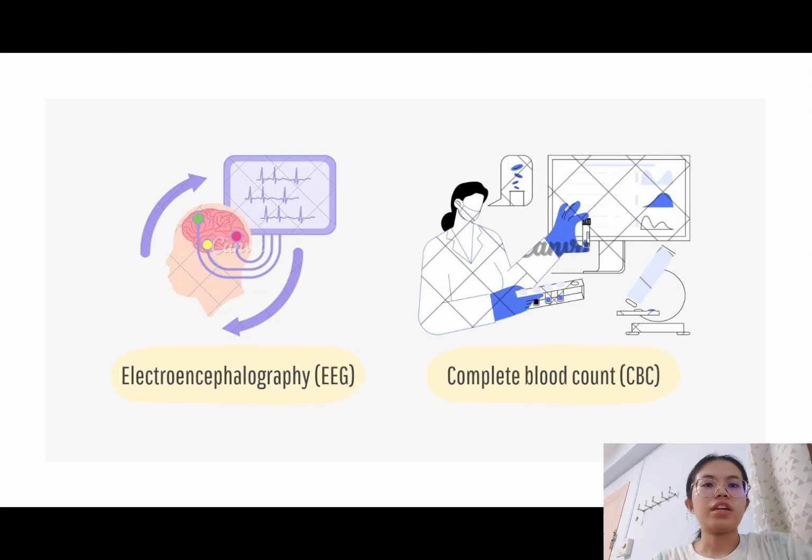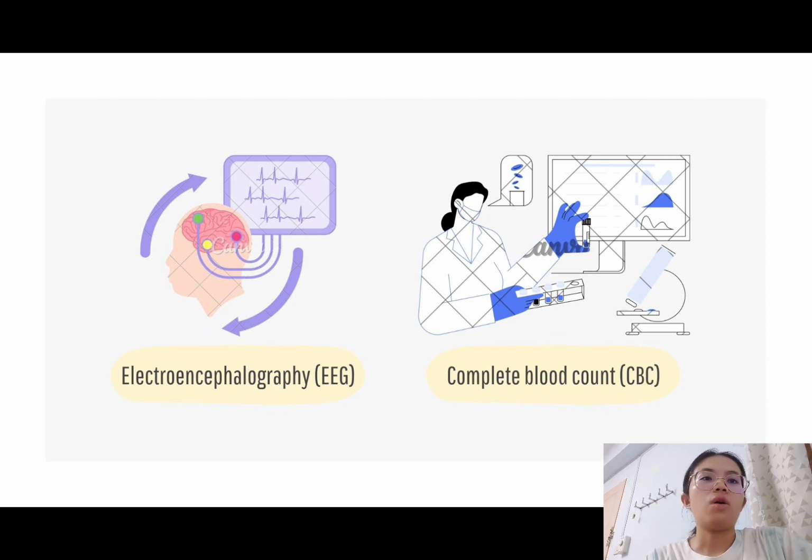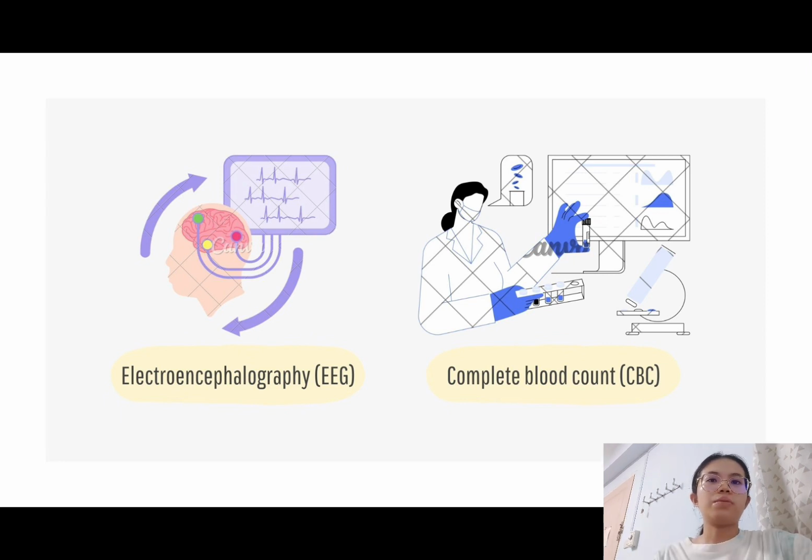The third is electroencephalography, or EEG. It assesses the function of nerve cells in people experiencing thunderclap, severe headache, and dizziness but with no known cause or epilepsy diagnosis. The fourth is complete blood count, or CBC.